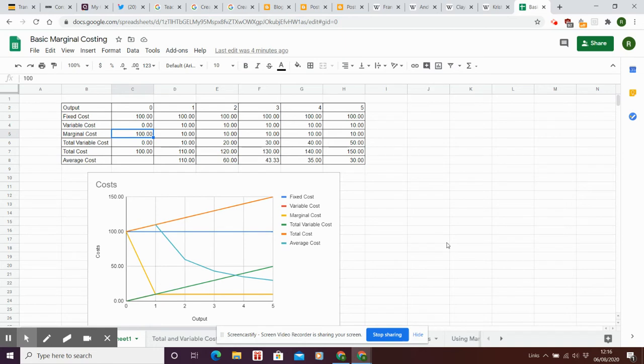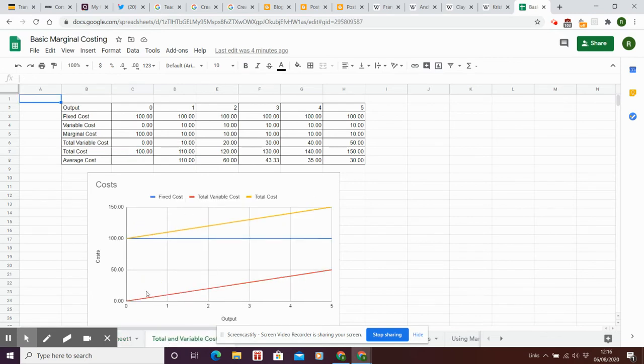Okay, and then we've got our total cost. That's just your fixed cost, plus variable cost. And what you can see is that the total costs go up directly in relation to the variable costs once we get to producing one unit and more.